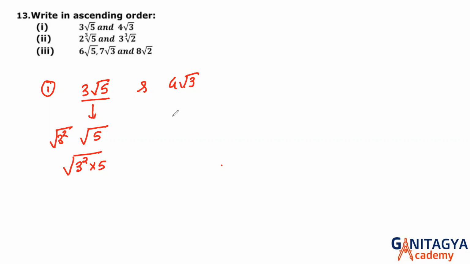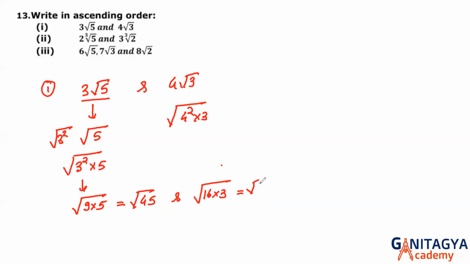And the second number is under root 4 square into 3, isn't it? So the first number will be converted to under root 9 into 5, that is under root 45. And this I can write as under root 16 into 3, that is under root 48.